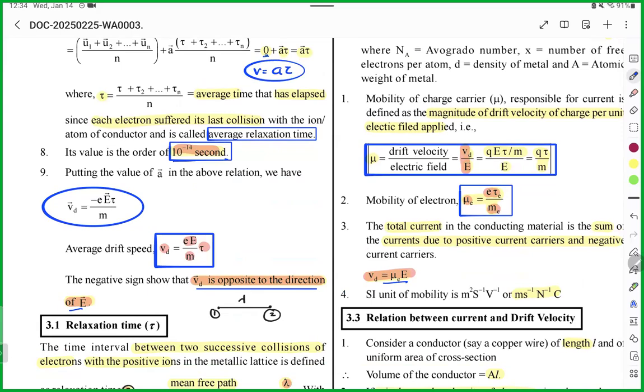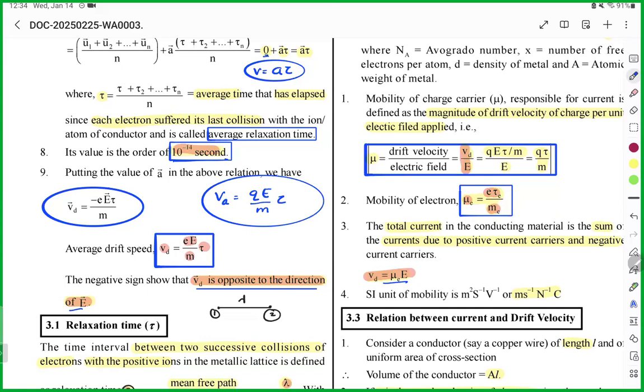If you know this, then your drift velocity is equal to acceleration into tau, and your acceleration value is QE by m. So it is QE by m into tau. Done. QE by m, why?